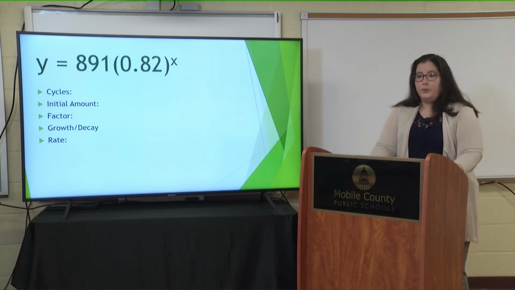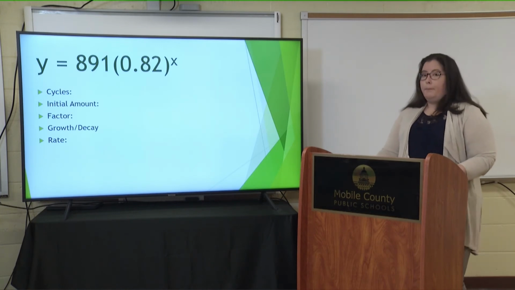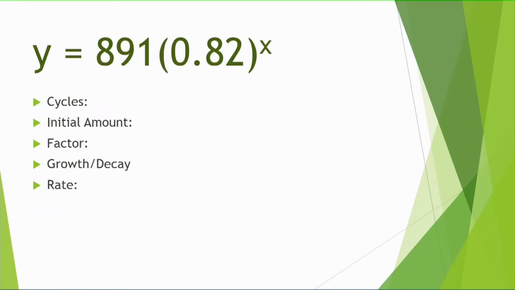Okay, so let's try this one. So cycles, again, is our exponent x. We could also use other variables. Our initial amount, 891, and our factor, 0.82. Now, is it growth or decay? Decay, because it's smaller than 1. So now we're going to look at our rate.